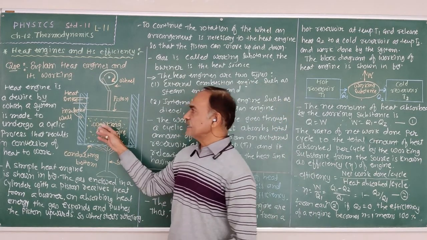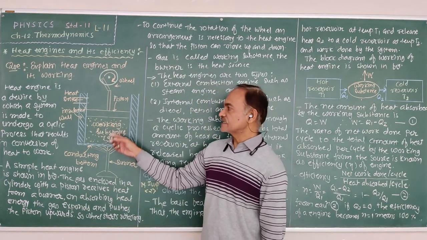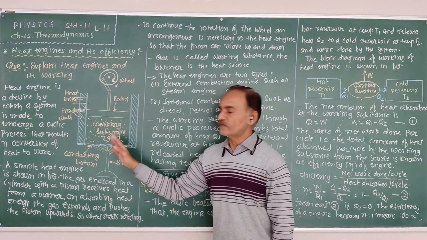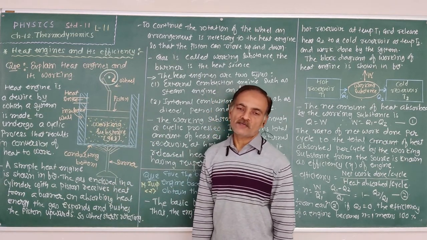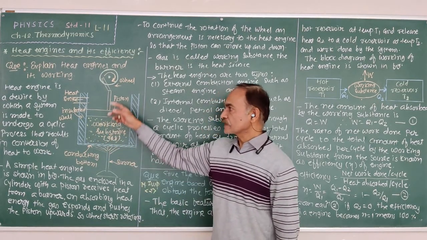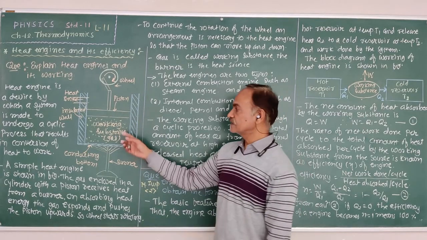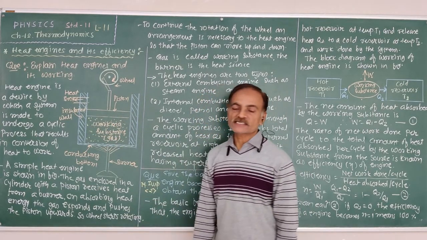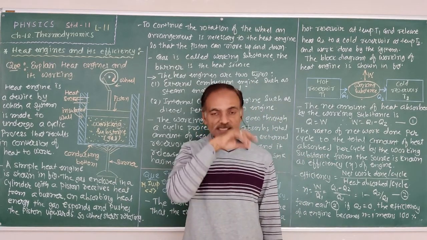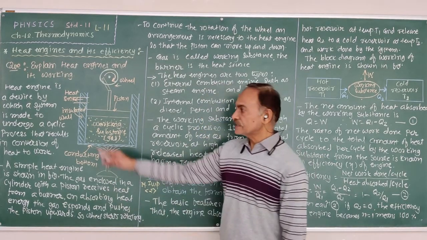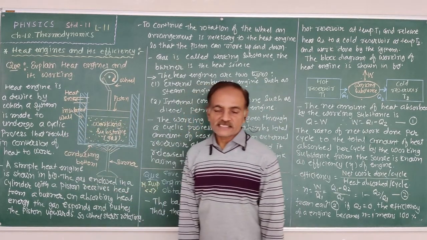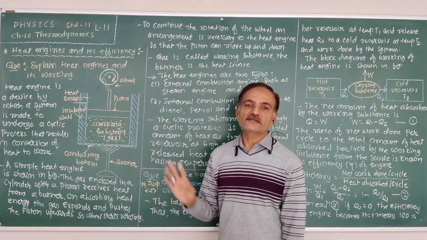So the heat engine is the device in which a system undergoes a cyclic process, and as a result it converts heat energy into work. Again, a heat engine is a device in which a working substance of the system undergoes a series of thermodynamic processes and returns back to its initial state, that means it undergoes a cyclic process, which results in heat energy being converted into work.